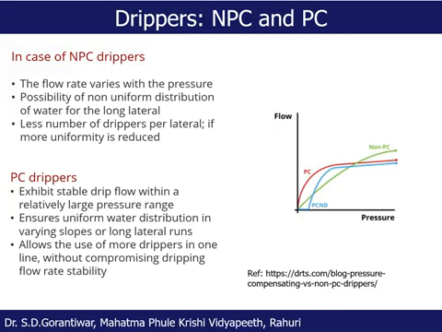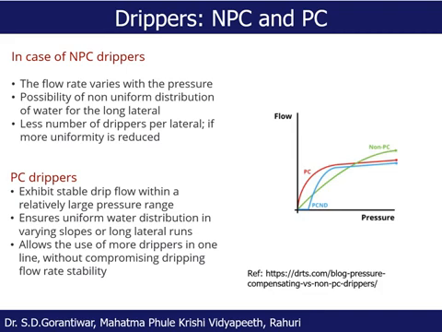Okay, so when we use the NPC kind of emitters for this particular case, that is variation of the pressure from 10 meter to 6 meter, then the variation in the discharge was from 4 liter per hour to 2 liter per hour. Okay, so this means that our emission uniformity was just 50%, which is not at all desirable even in case of the surface irrigation method.